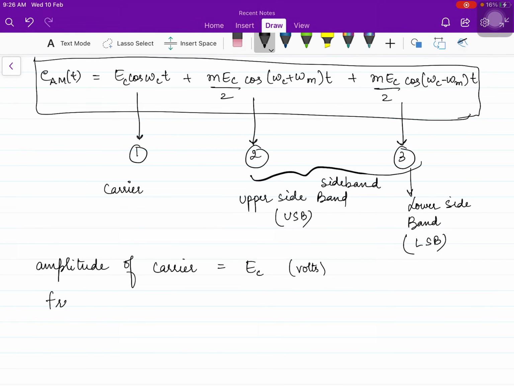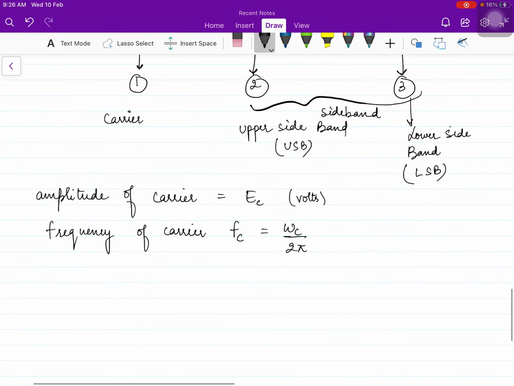Now if I ask you the frequency of carrier, you can see that the angular frequency here is ωc. I am asking you only the frequency, so it will be given by ωc/2π. Fc is equal to ωc/2π.